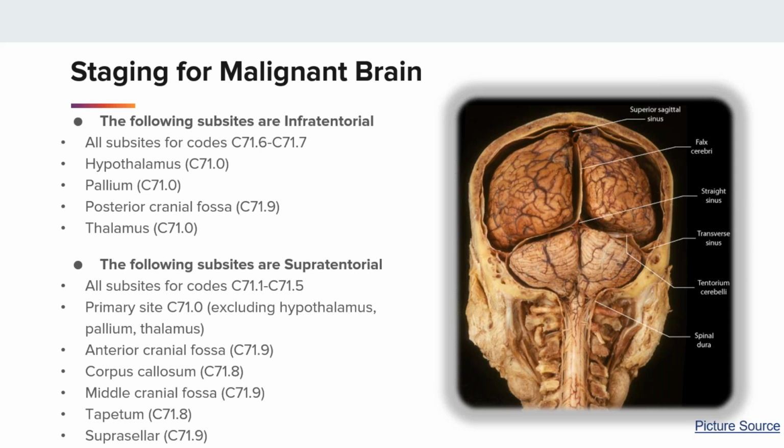And the following subsites are supratentorial, all subsite codes of C71.1 through C71.5. We have a primary site code of C71.0, and then a few different ones: the anterior cranial fossa, C71.9, the corpus callosum, C71.8, the middle cranial fossa, C71.9, the tapetum, C71.8, and the suprasellar, C71.9.